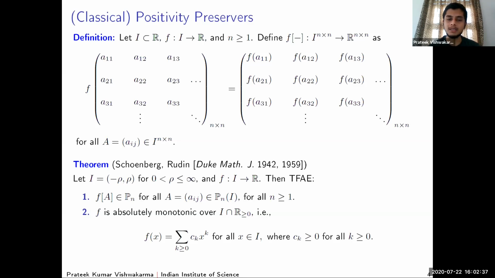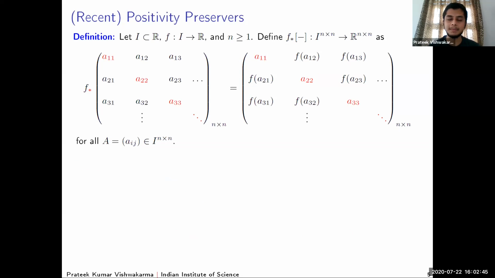This Schoenberg-Rudin theorem is gaining recent attention due to its applicability in modern analysis. And in one of those applications, it was necessary to understand the classification of entry-wise positivity preservers which act on off-diagonal entries.